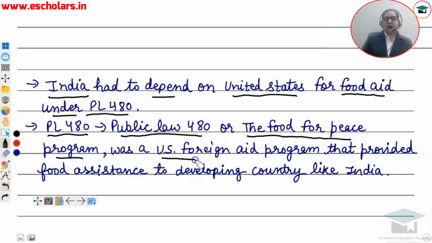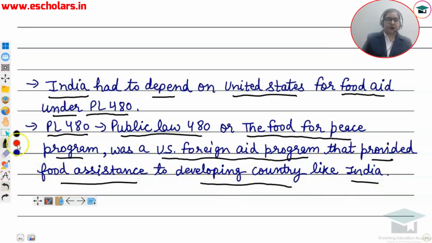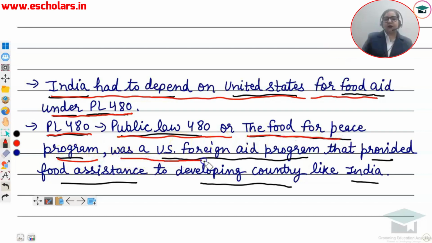It was a US foreign aid program that provided food assistance to developing countries like India. So let's have a look till yet. India had to depend on United States for food aid under PL 480. PL 480 is basically Public Law 480 or the Food for Peace program. It was a US foreign aid program that provided food assistance to developing countries like India.